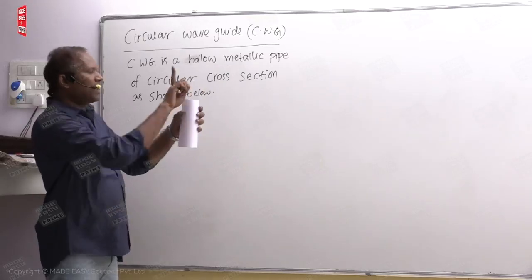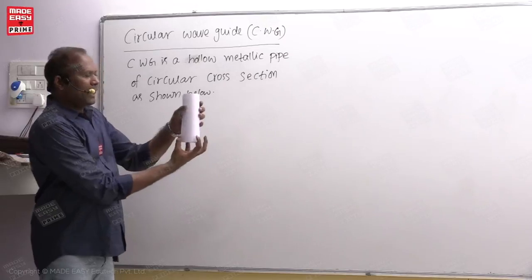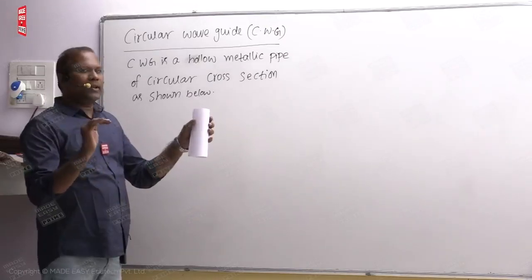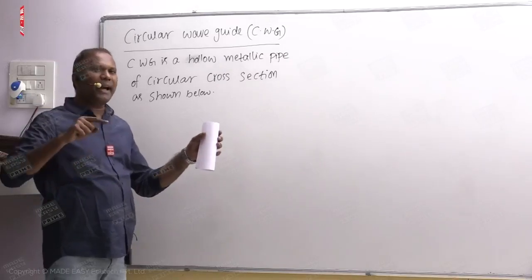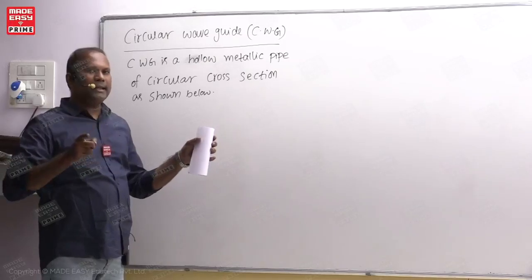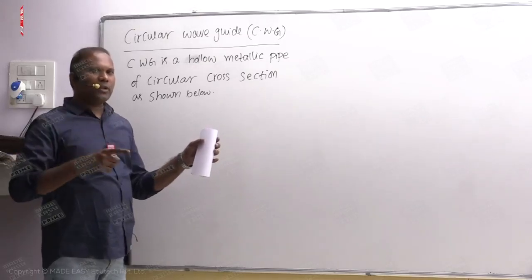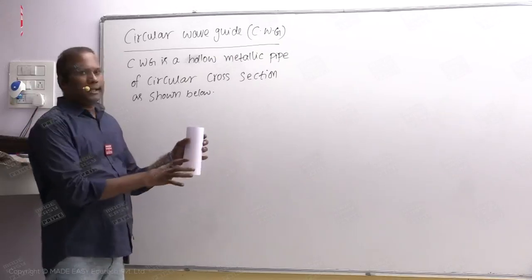It is in the z direction now, and if it is in the z direction, cylindrical cases are solved in the cylindrical system. In the cylindrical system, parameters are rho, phi, z. Then electric field components are E rho, E phi, Ez. Magnetic field components are H rho, H phi, Hz. So this is the cylindrical system.